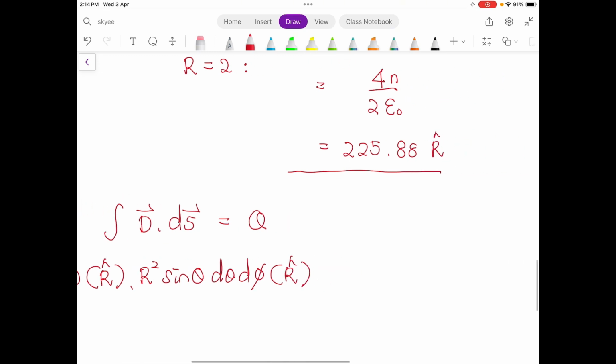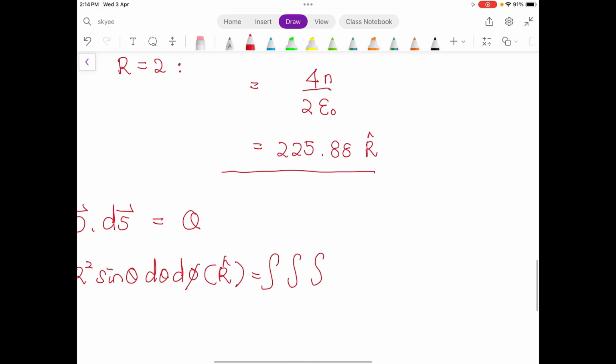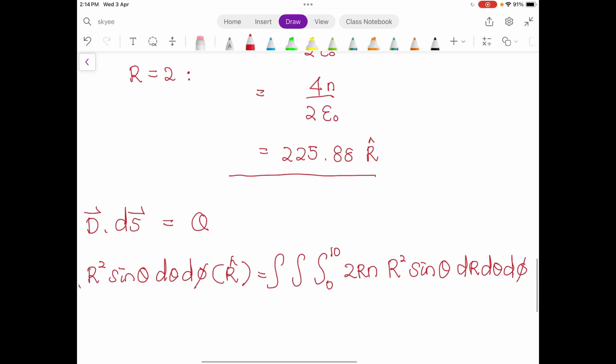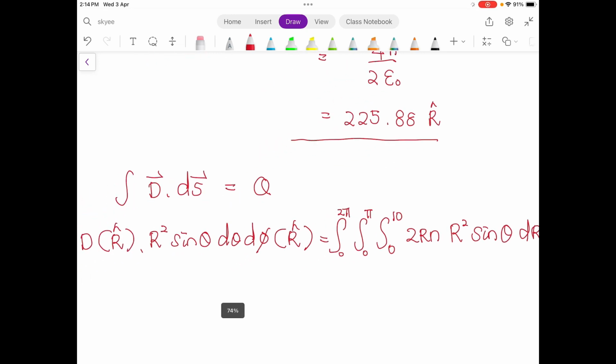Whereas for the Q, you have the triple integral, and rho v is equal to 2r nano, then R squared sine theta dr d theta and d phi. R will be from 0 to 10. Even though the value is 12, you have to put 10, because that is the size of your volume structure.